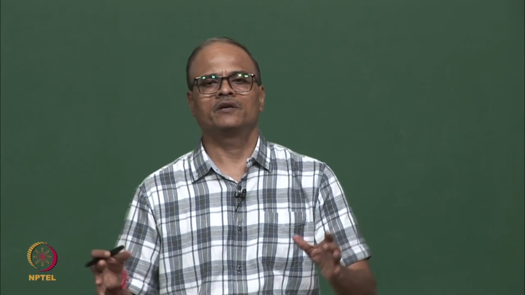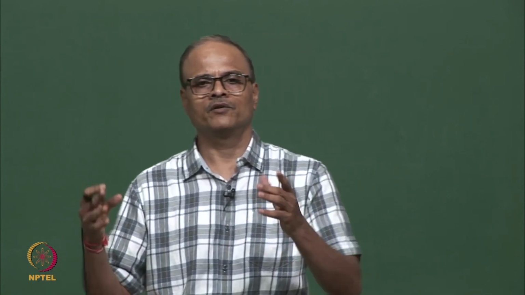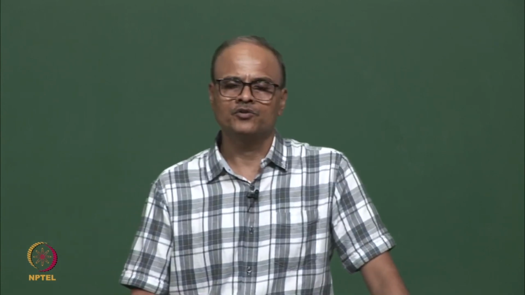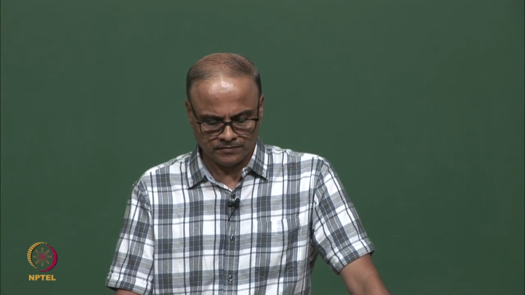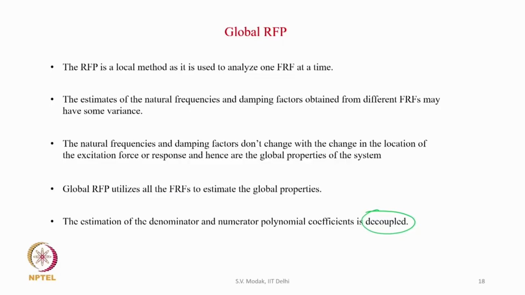That way we can get the residues for all the FRFs, and then we can find the mode shape elements and the mode shape for the whole system. In this way, the global RFP ensures that the estimates of the global properties are consistent, and we obtain a single consistent estimate for the whole system. So, this approach is likely to give a more consistent modal model.